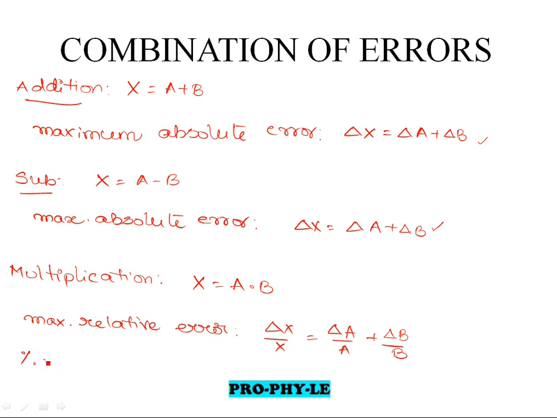That percentage error will be delta x by x into 100, equal to delta A by A into 100 plus delta B by B into 100%. So that is how you can find percentage error also.